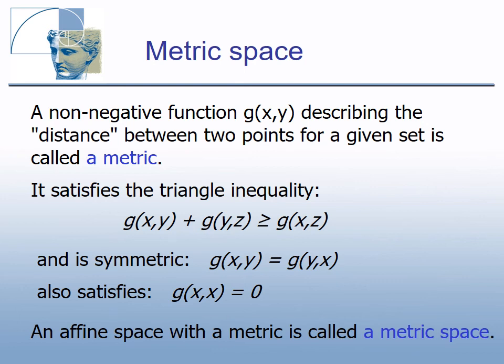It is symmetric: the metric does not depend on the order of points in a pair. It also satisfies the condition that the distance of a point to itself is equal to 0. Then we define some metric for the affine space. It becomes a metric space. Thus, an affine space with a metric is called a metric space.